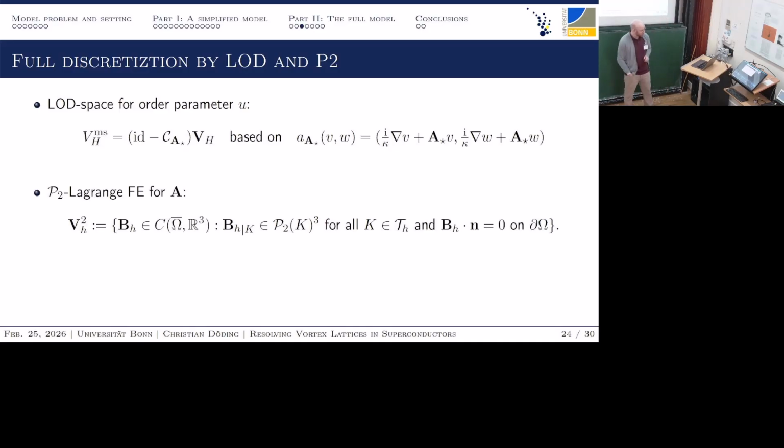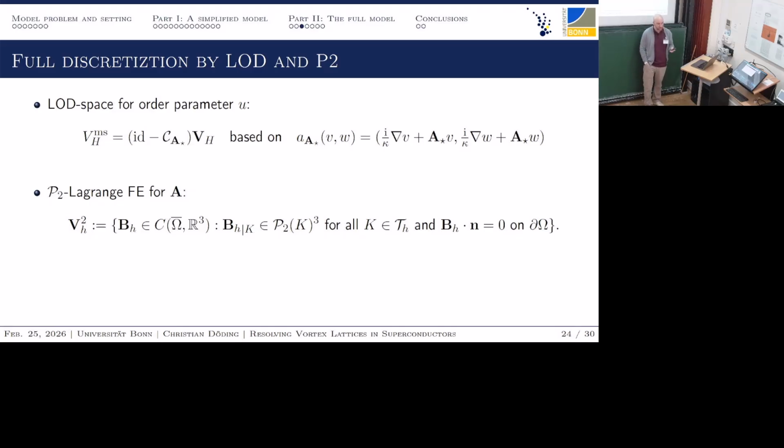And for the vector potential, we know it's H3 regular in certain cases. Then we can take, for example, a classical P2 Lagrange finite element approximation there on a mesh, which has the mesh size little h. So there are two different meshes involved here.